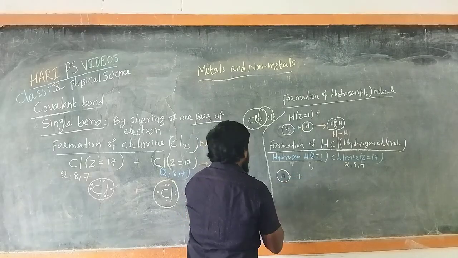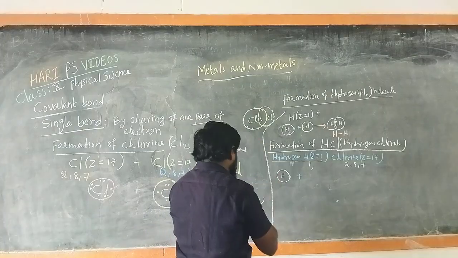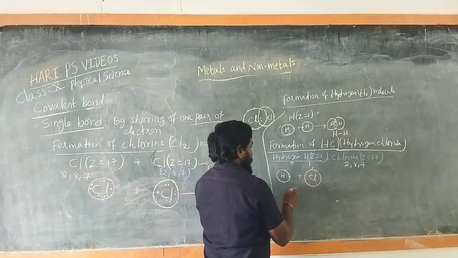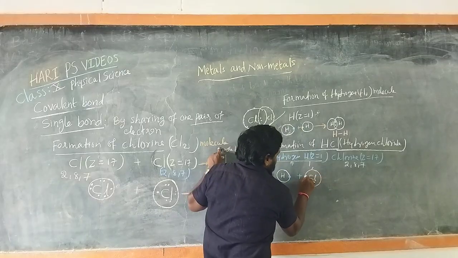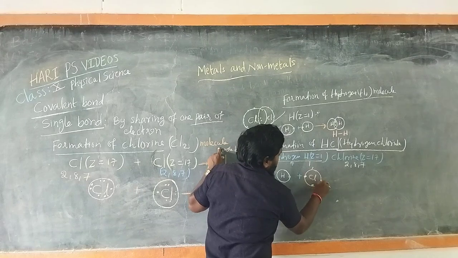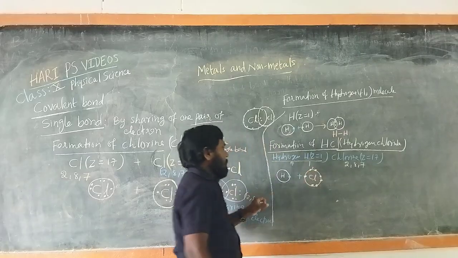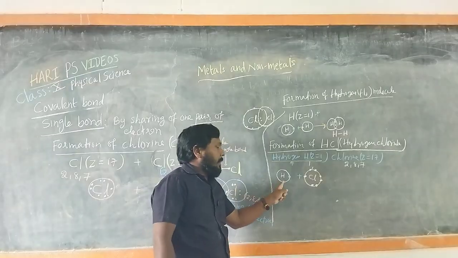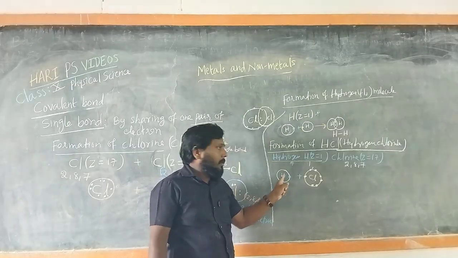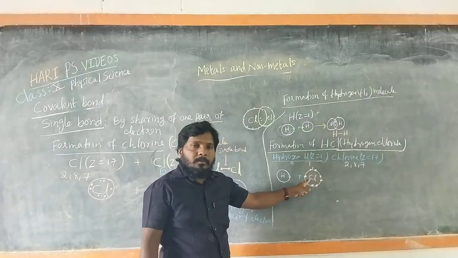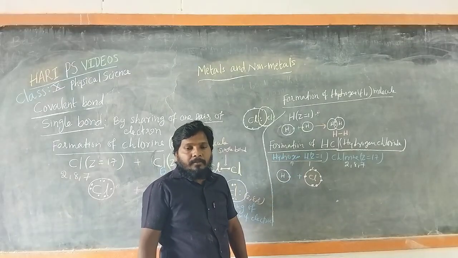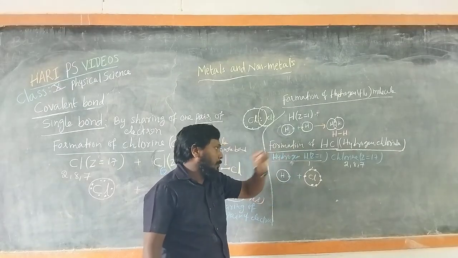This hydrogen is combined with chlorine. Chlorine, as we know, has 7 electrons: 1, 2, 3, 4, 5, 6, 7. So hydrogen has 1 electron, chlorine has 7 electrons. To get stability, hydrogen requires 1 electron. To get stability, chlorine also requires 1 electron. These 2 electrons are shared by 2 atoms and form hydrogen chloride.